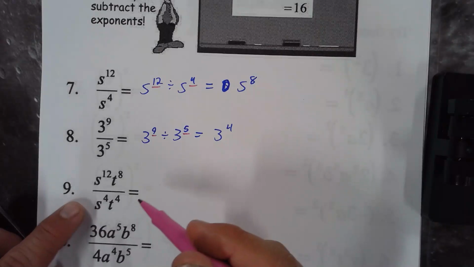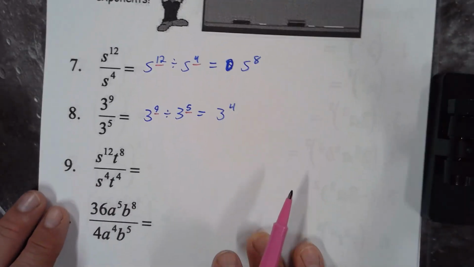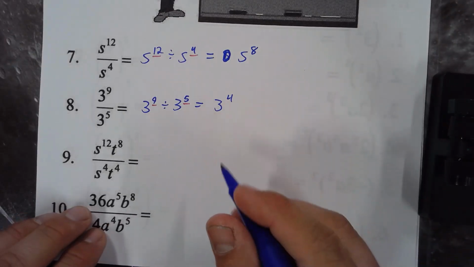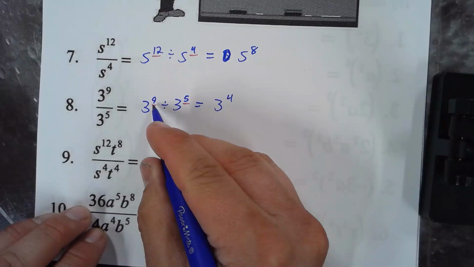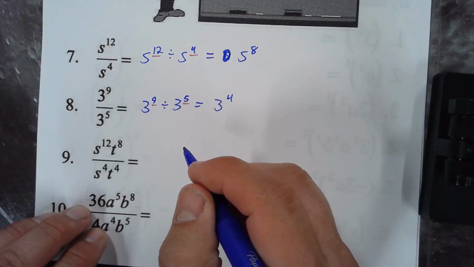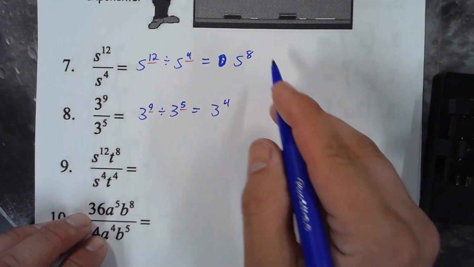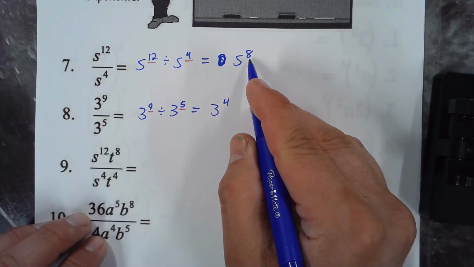Okay, so number 9. Oh boy. Number 9. Woo. Right here? On number 7 or number 8? That's an 8.